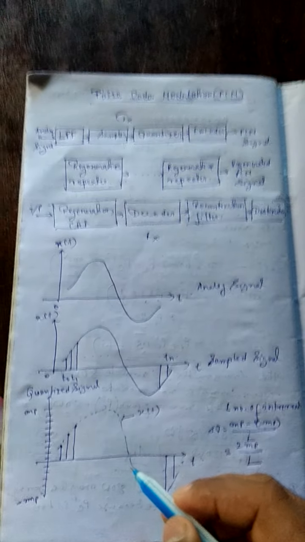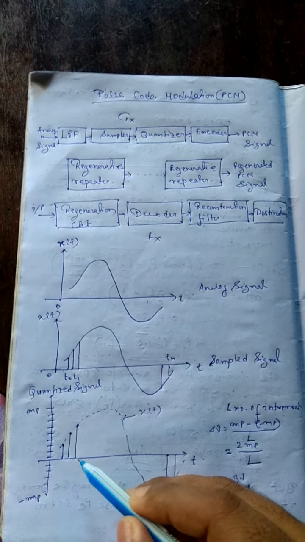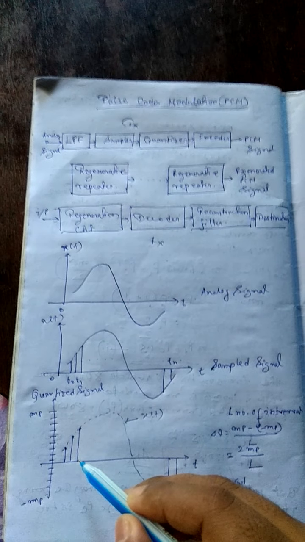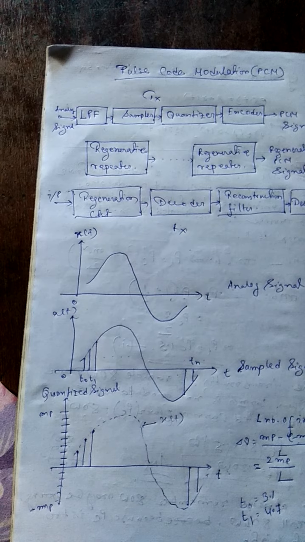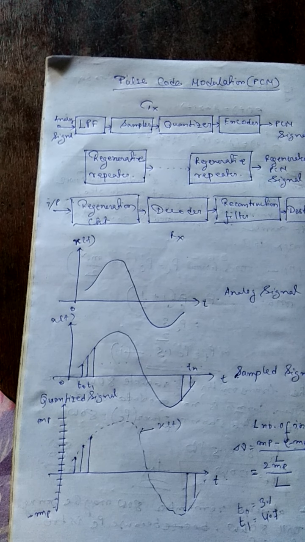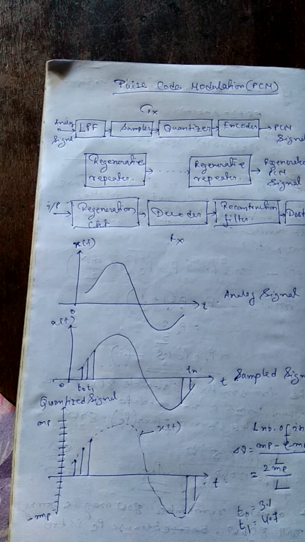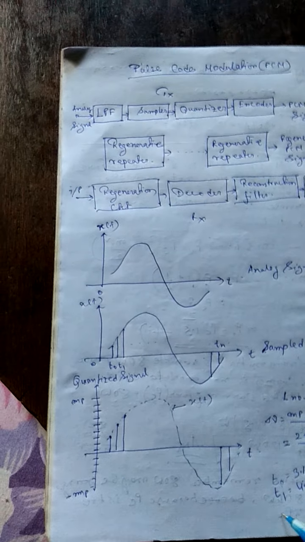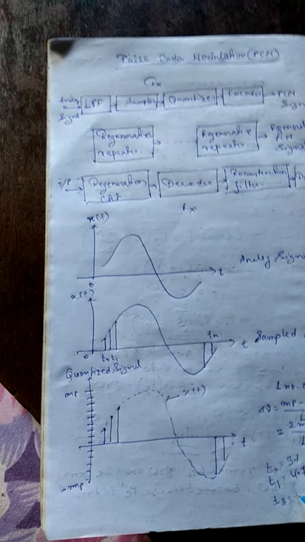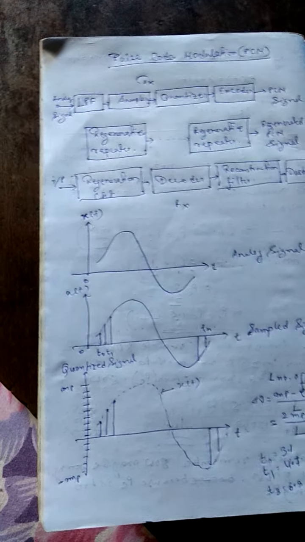Next we assume another position, t2. At t2 the amplitude is between 6 and 7, nearer to 6, not tending to 7, so we assume 6.3.